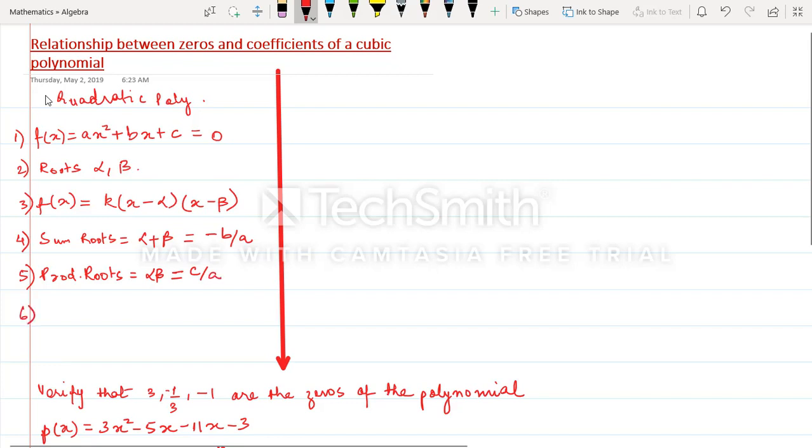And the sixth thing that you should remember is that, since I know the sum and the product of the roots, another general form of a quadratic equation is k times x squared minus the sum of roots into x plus the product of the roots.